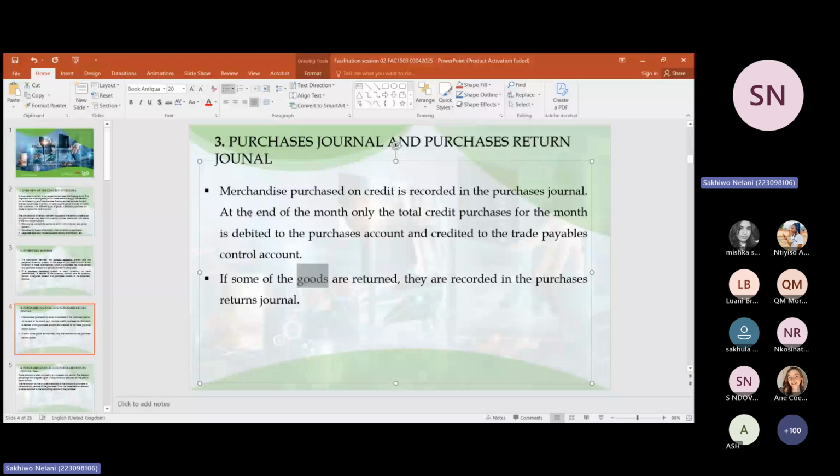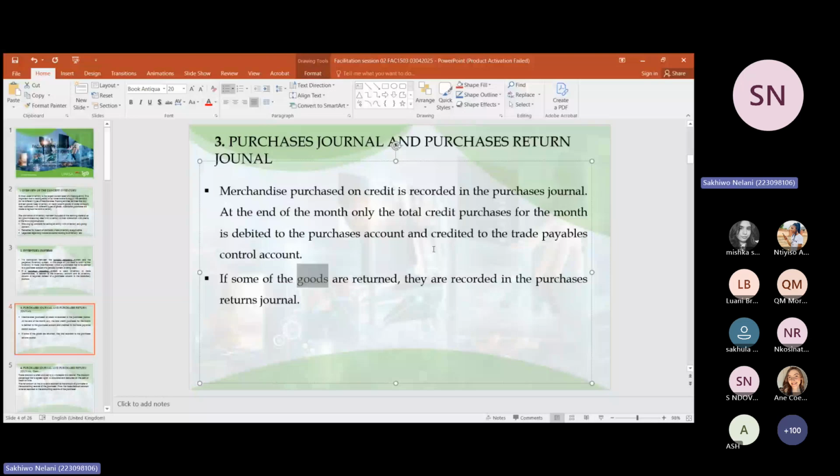You can't just do 15 minus; you need to make some reflection in your debit and credit to give effect to the returned goods. So these are the aspects of your recording, and ultimately you should be able to communicate to the users of the financial information, but make sure that there's a proper recording for this.